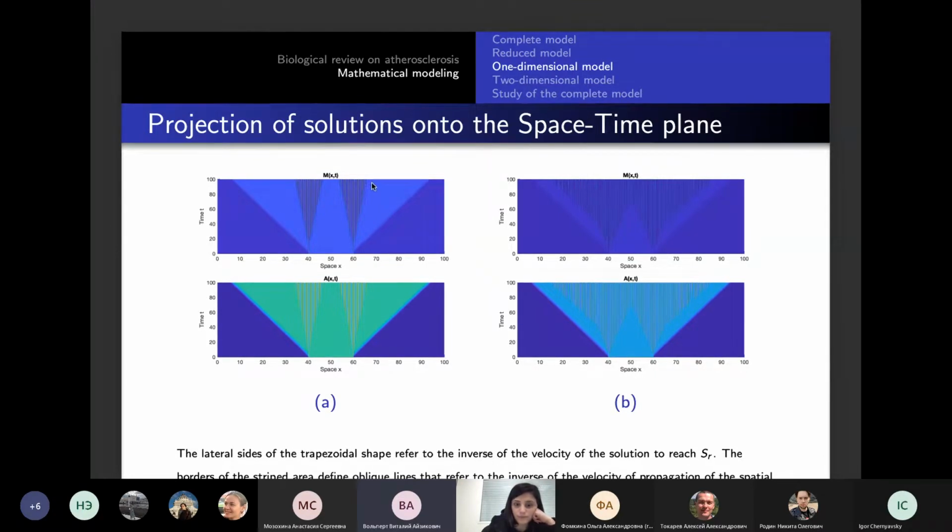We just don't see them by eye, but if we look more precisely, we can see small decaying oscillations from the center towards the border.